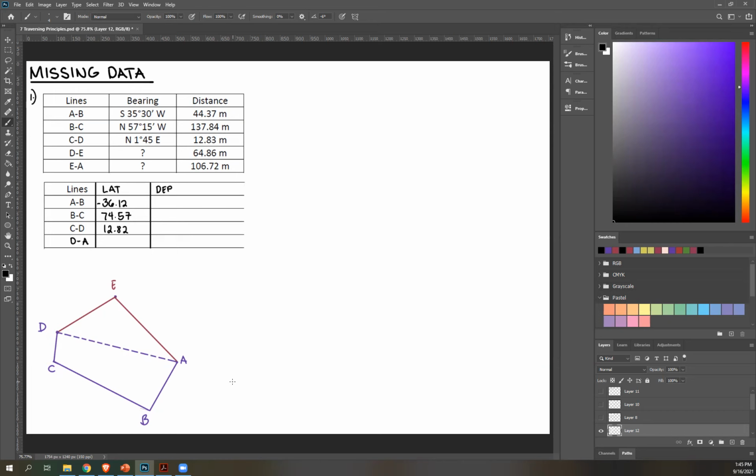Once again, the summation of latitude should equal 0. In that case, given that information, what should be the latitude of line DA in order to close this, or in order for the summation of all the latitudes to be 0? Can anyone give me the answer? Correct, John.